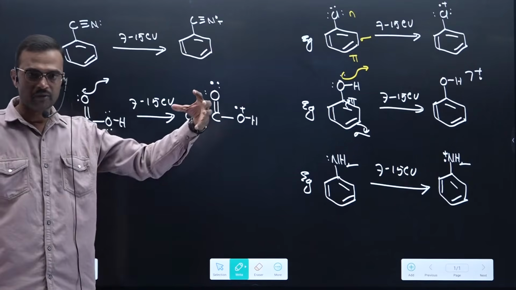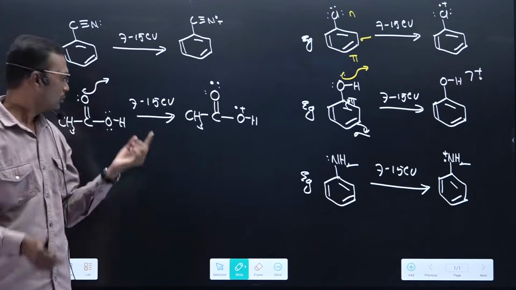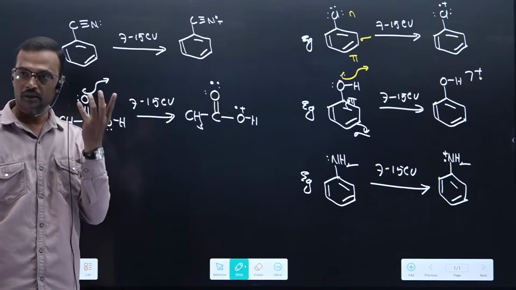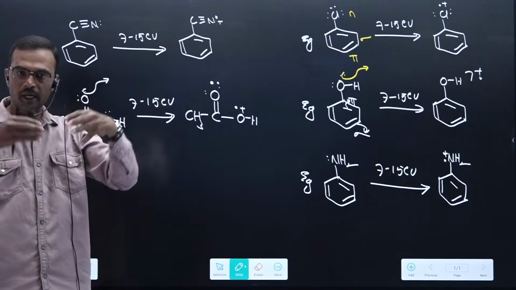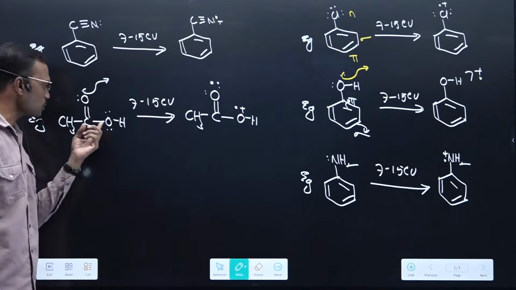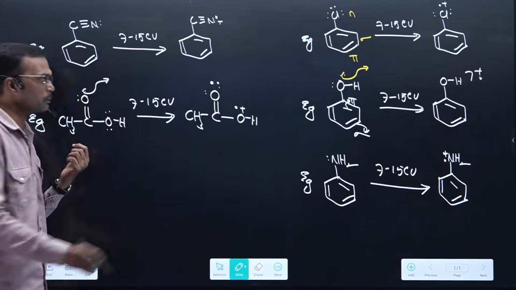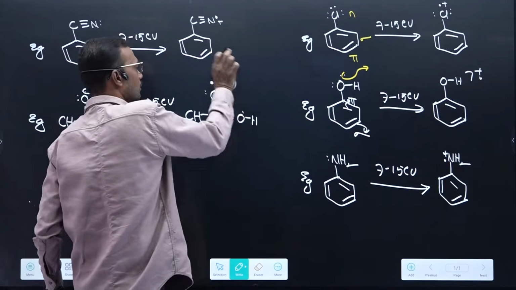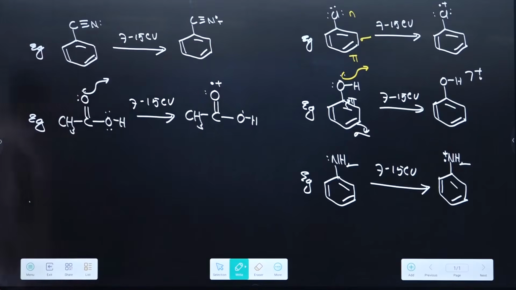See, when a beam of electrons comes at molecules of acetic acid, nearly 100 molecules are there in one particular sample. If electrons collide directly, there is a possibility of losing this electron also, but less possibility. But predominant is this one, where unsaturated oxygen, always unsaturated oxygen, unsaturated nitrogen is predominant. Clear?